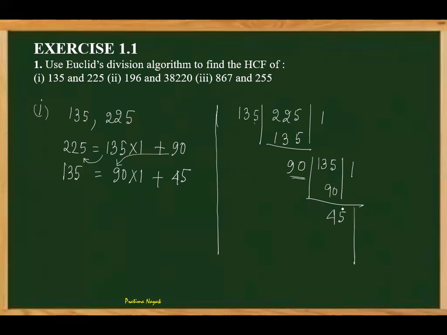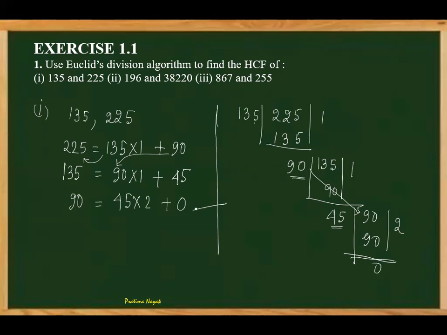Then again 90 will be in place of C and 45 in place of D. So 45 times 2 is 90, and I am getting remainder 0. So I'll write this step also: 90 is equal to 45 multiplied by 2 plus 0.